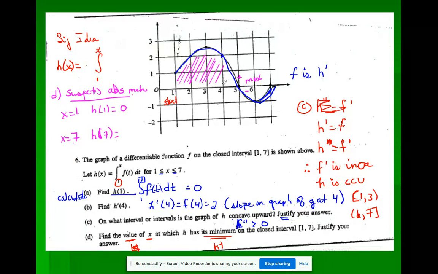So you are summing all of these positive integral values, and then you are going to sum these negative values, and you are going to then sum all the positives and all those negatives together. But given the amount of positives and the amount of negatives, what is h of 7 going to be, positive or negative? It's certainly not going to be 0, is it? h of 7 is positive. Therefore, h of 1, which equals 0, is the absolute minimum.